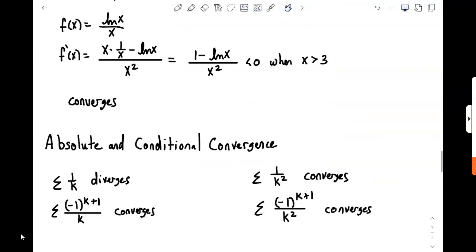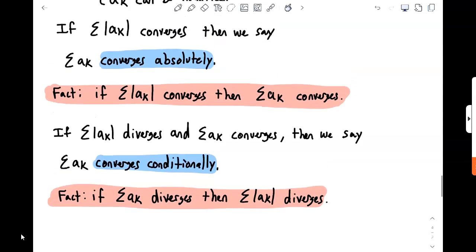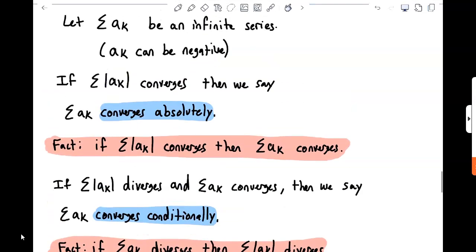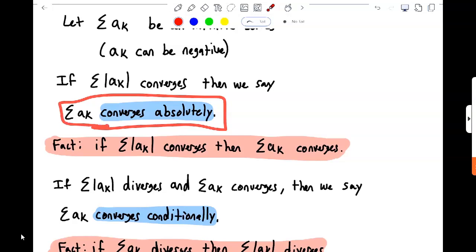So basically there are three scenarios that we have now with convergence for a generic series. It converges absolutely, meaning that the sum of the absolute value of all those terms converges.